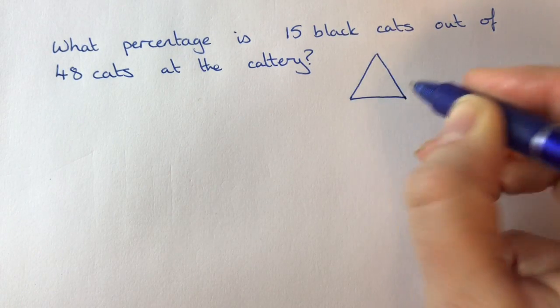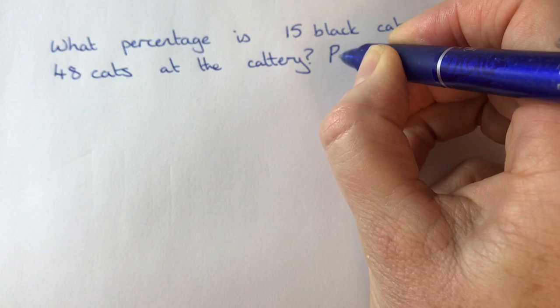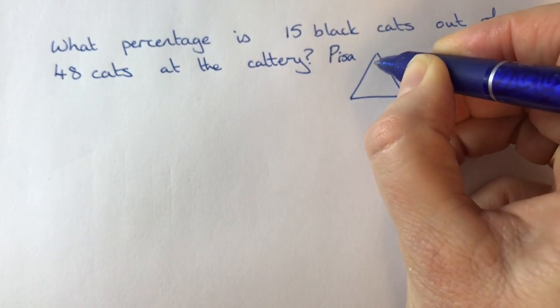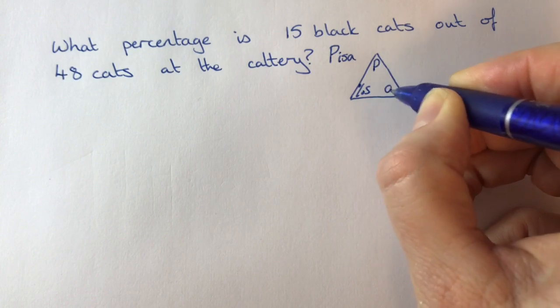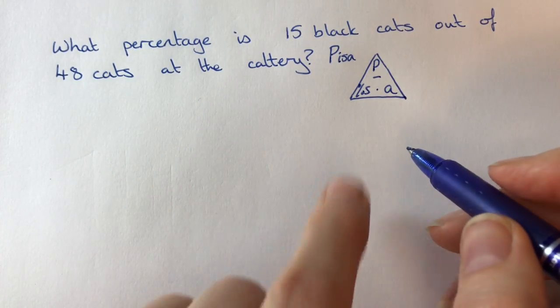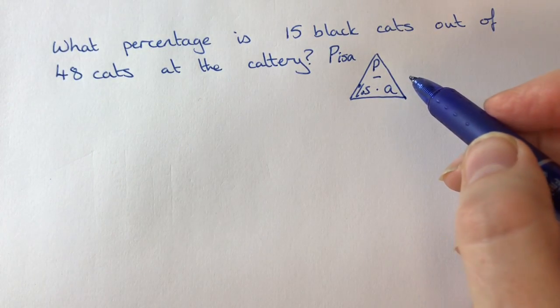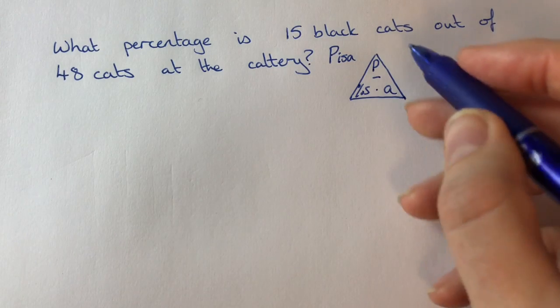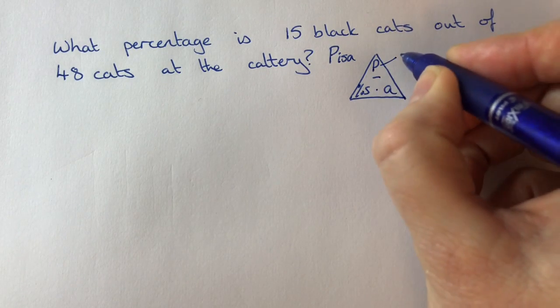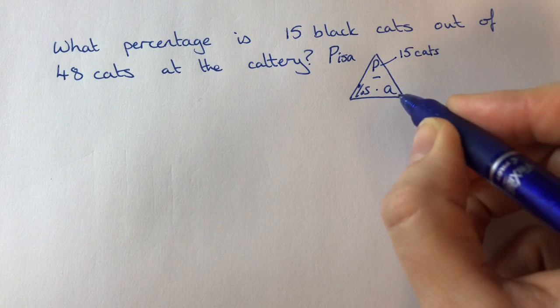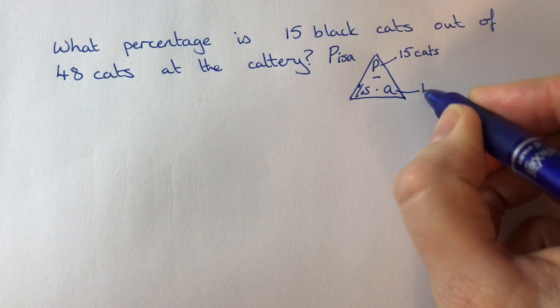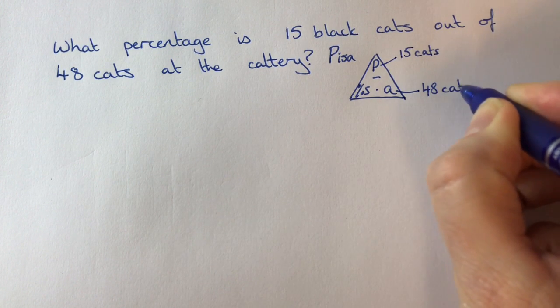which is our PISA. P, percentage, share, and A. What is it that we know? Well, we actually do know the part that we have of cats, which is 15 cats. We know how many cats we have, all of them, that's 48 cats.